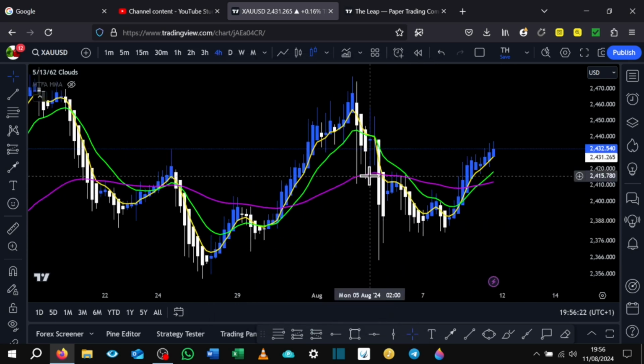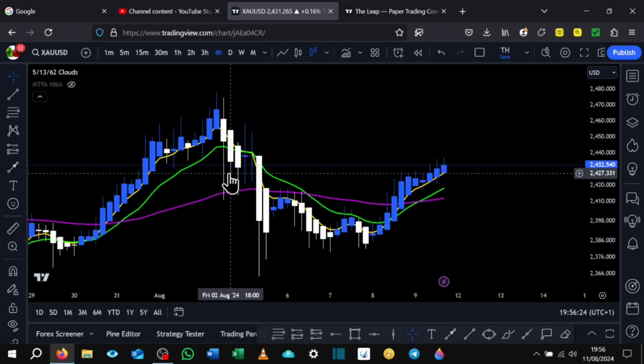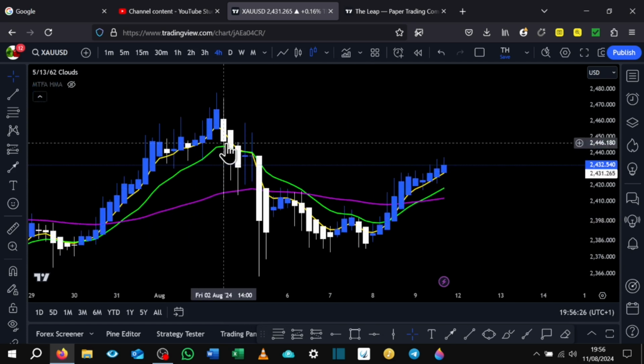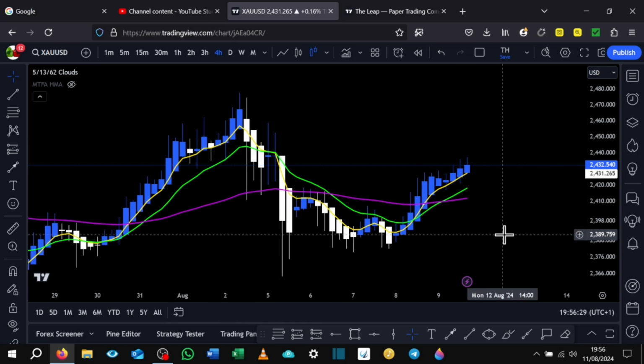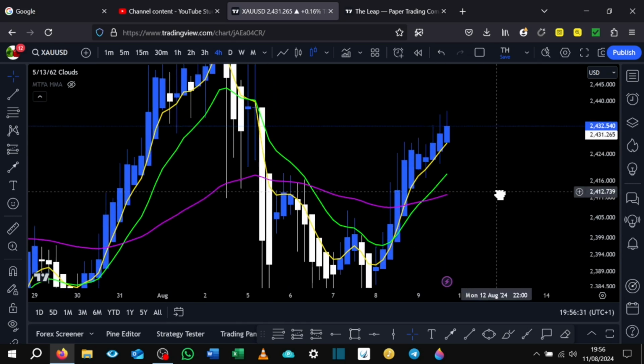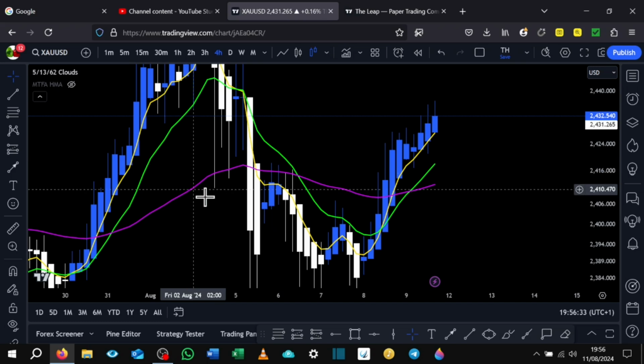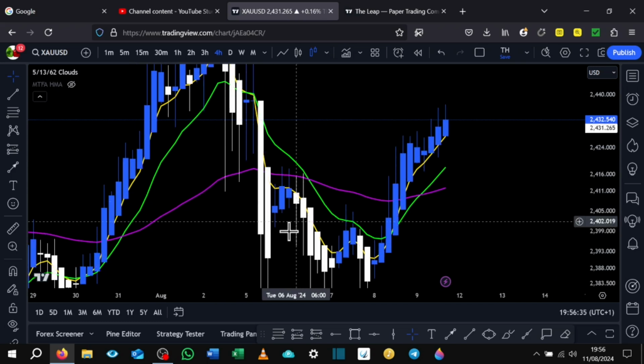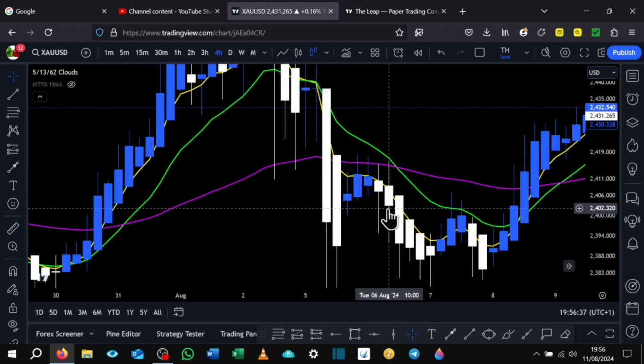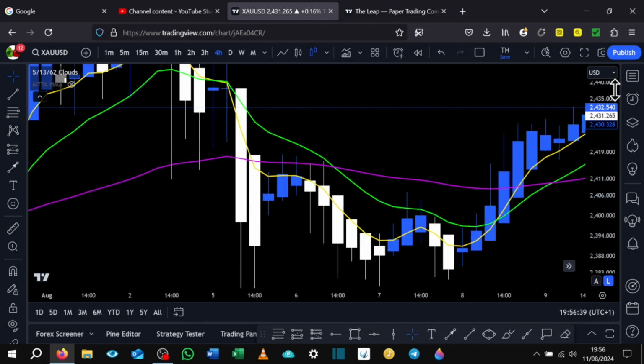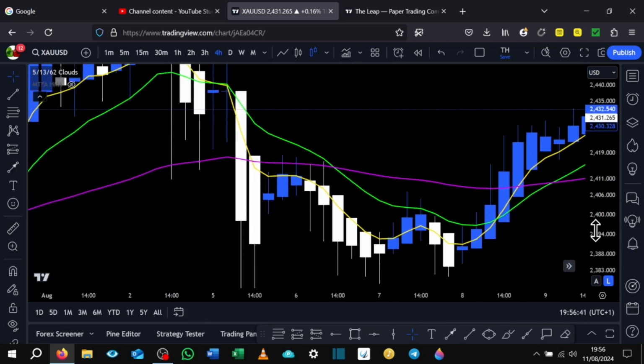Okay, so moving forward, my alert is going to go off when this crosses, and also when price taps the 13 EMA.